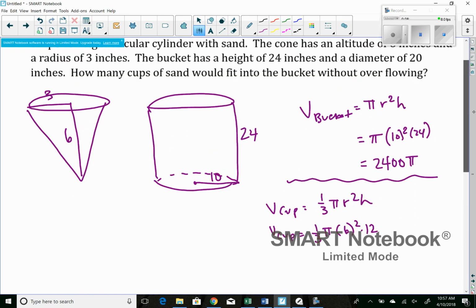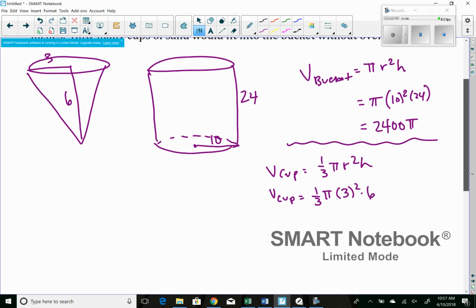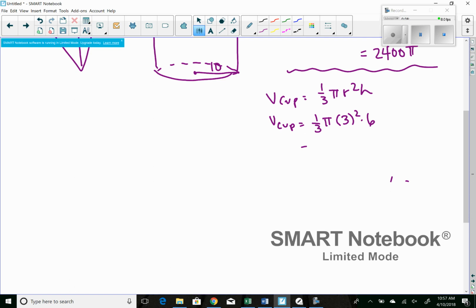It was 6, oh no, that's way wrong. The radius was 3 and the height was 6. I knew it was double. So the radius is 3 and the height is 6. So if I plug that in, 1/3 times 3 squared times 6, we get 18. So that's 18 pi. Notice I left both in terms of pi.